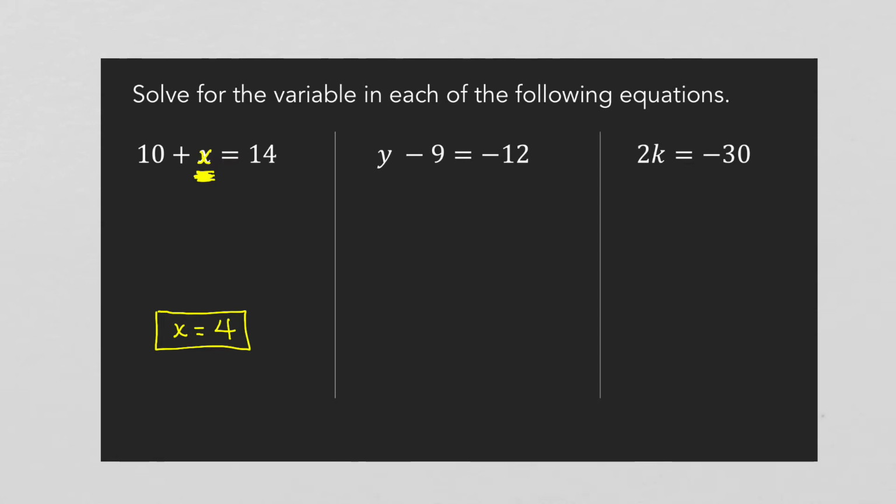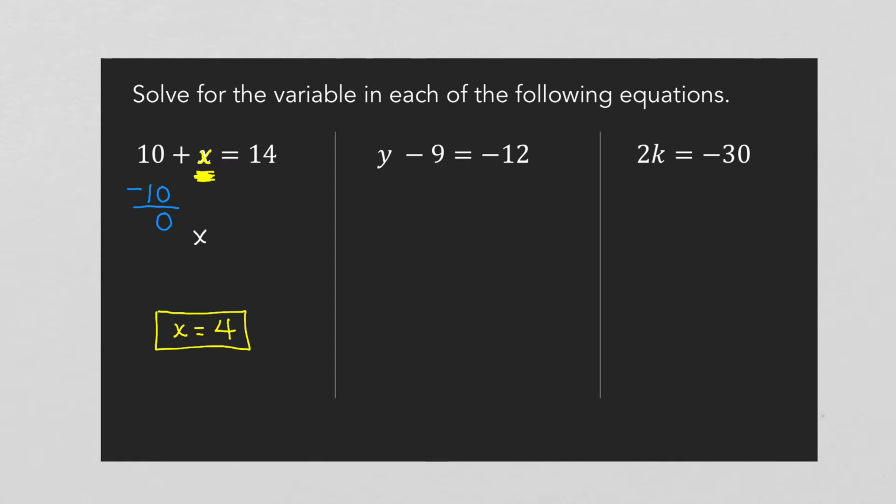And we need to get rid of the 10 that's being added to it. Well, if 10 is being added to x, the way to get rid of 10 would be to subtract it. So I'm going to subtract 10 from the left side because 10 minus 10 is just 0. And then 0 plus x is just x. And so that removes the 10 and gives me an x only on the left side.